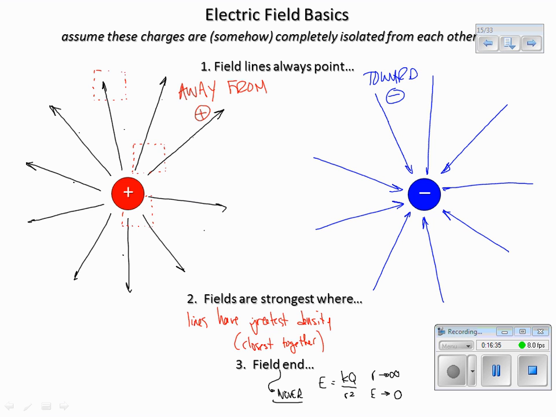But R is never really infinite. So no matter how far you are from a charge, there is some value of electric field strength. It might be small, but it's there. So fields never end. Field lines go into infinite space.